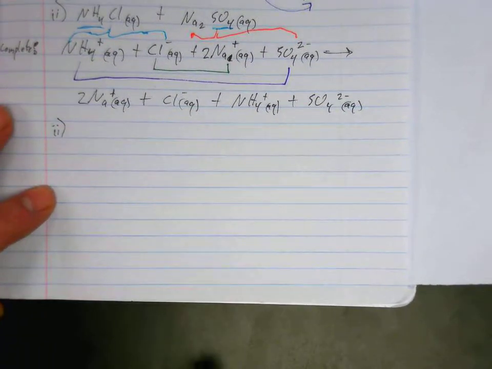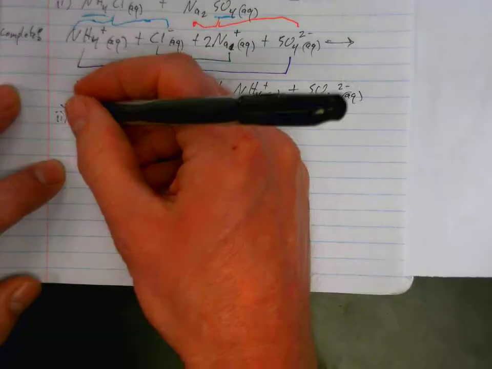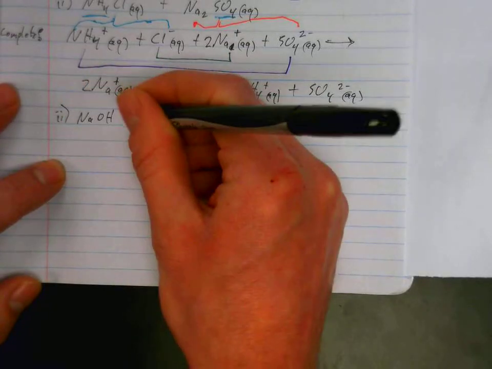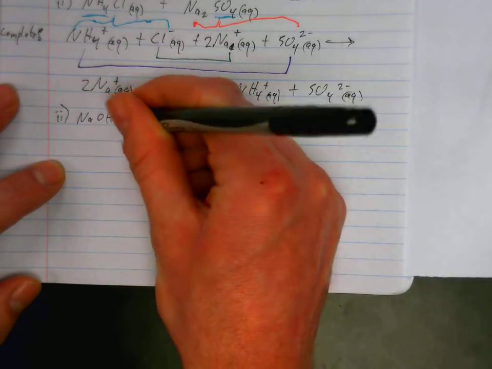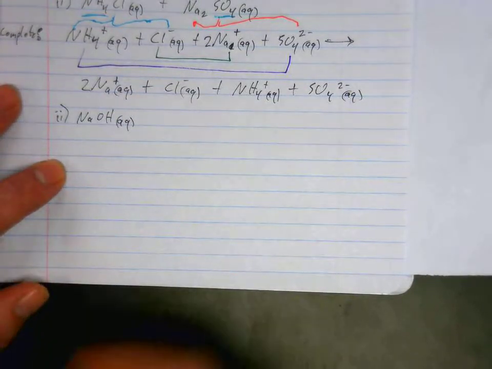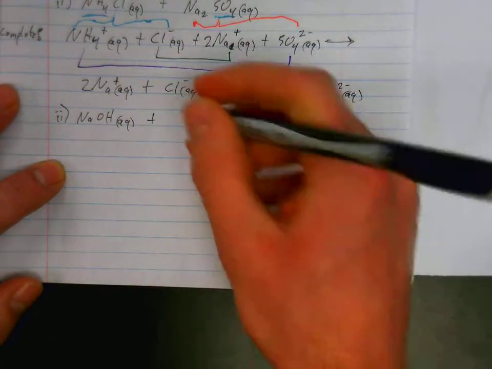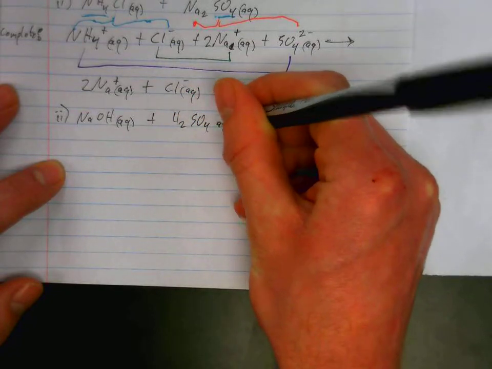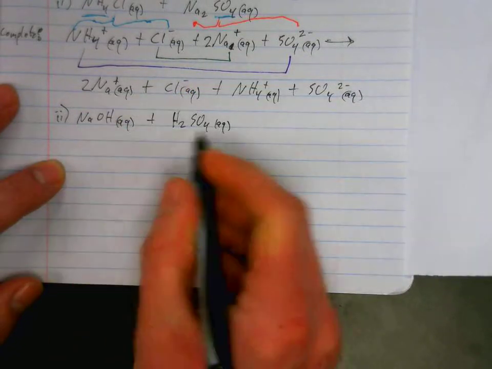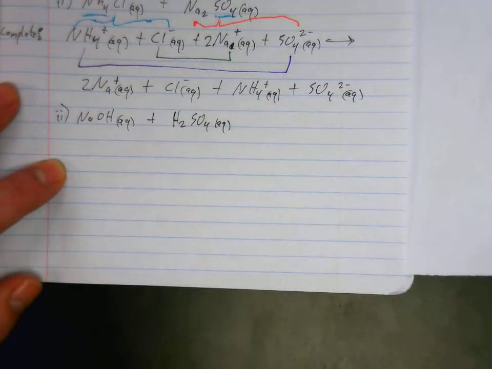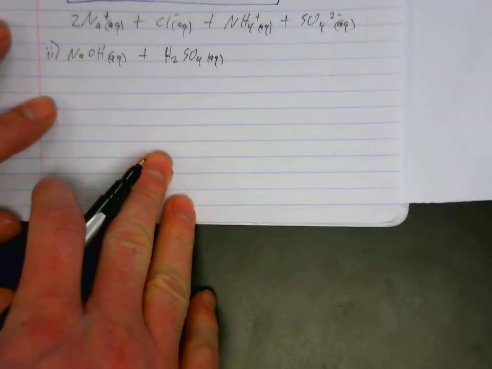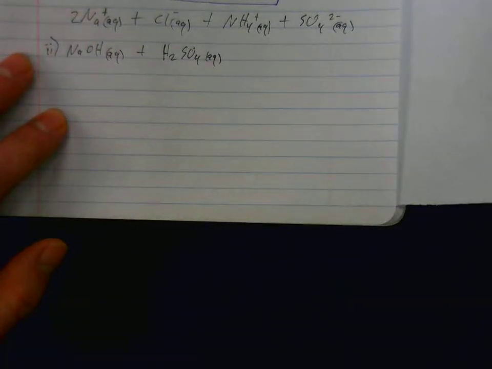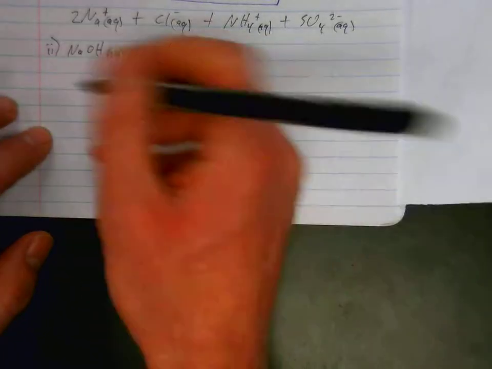Take a look at NaOH aqueous combining with H2SO4 aqueous. So we have sodium hydroxide and sulfuric acid combining. So split this up into its ions. We'll write the complete ionic equation.